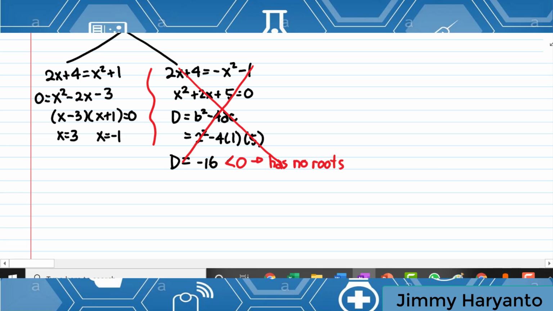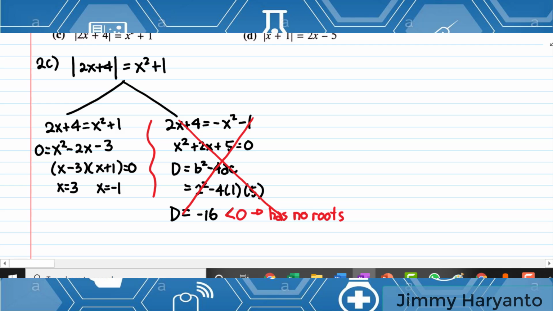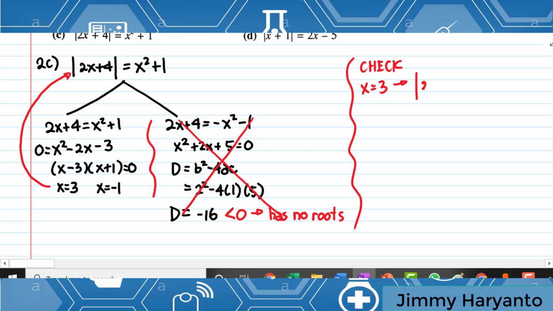And then for this one, because this is the third type also, we have to check it in the question. Let's check over here. Check for x equals 3: absolute value of 2 times 3 plus 4 equals 3 squared plus 1. 10 equals 10.